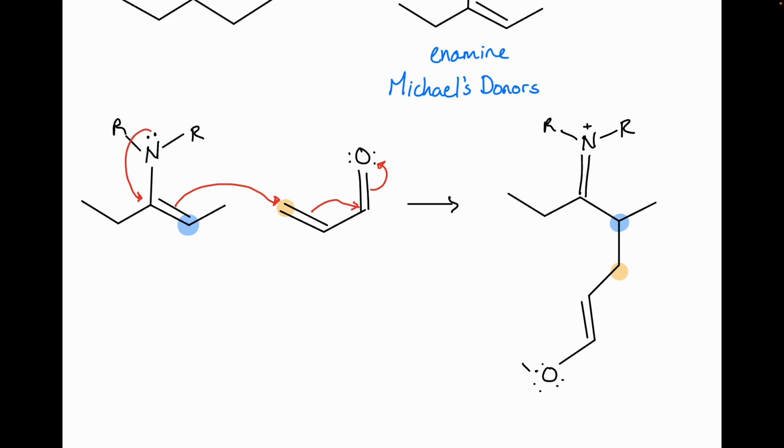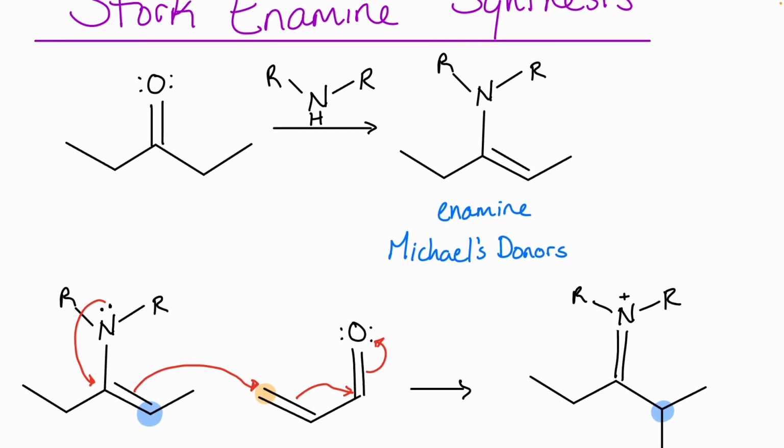And we talked about how we can reverse these enolate ions in acidic conditions. Same conditions that we can reverse these enamine reactions here using an aqueous acid.